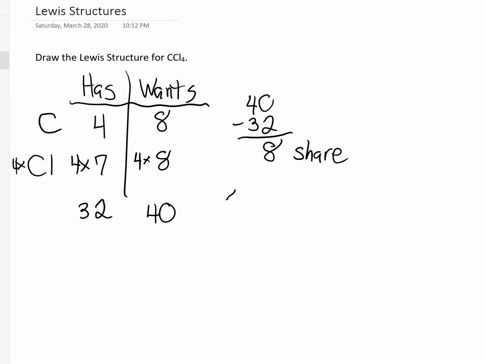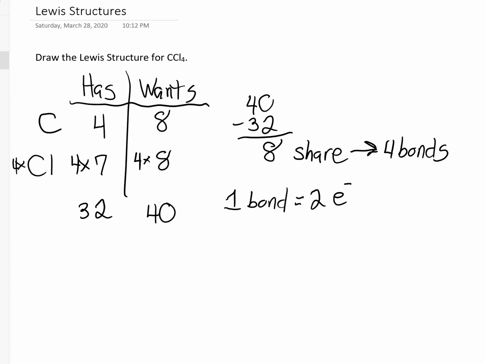Well, one bond in a Lewis structure equals 2 electrons, or e minus. So that means 4 bonds. We need 4 bonds to join carbon and chlorine in order to get these atoms satisfied to having a completely filled octet.